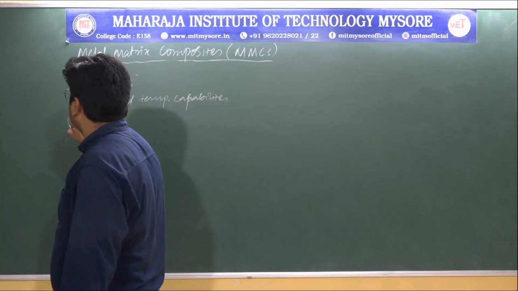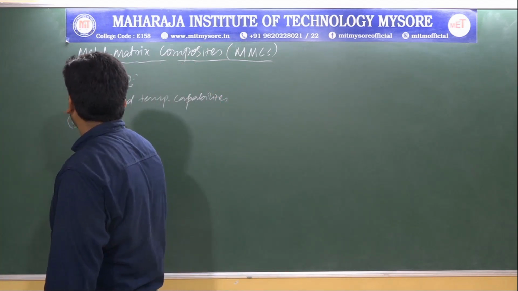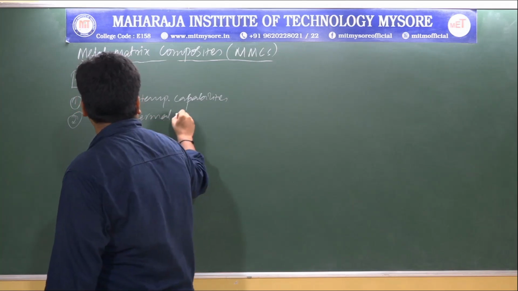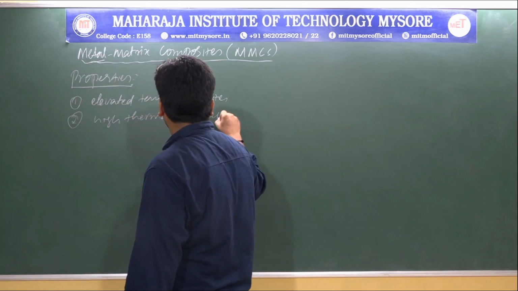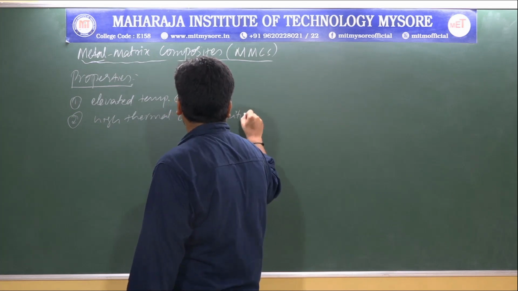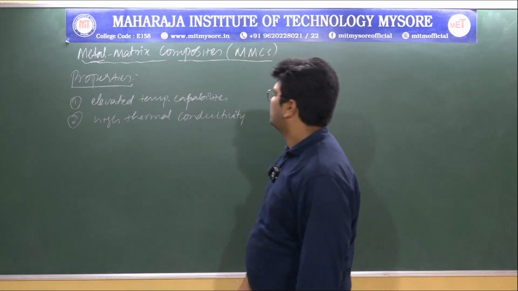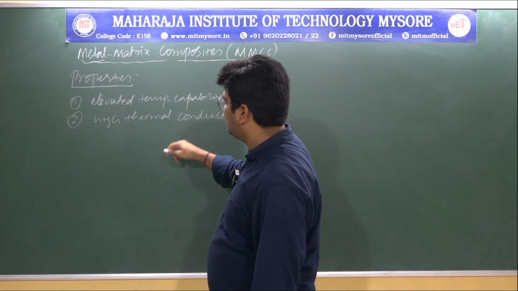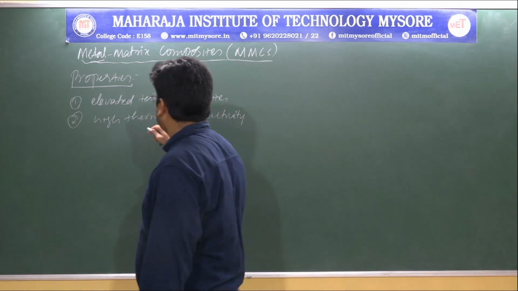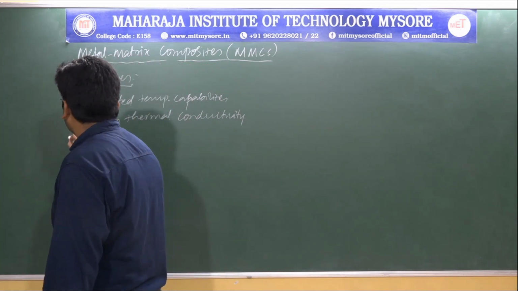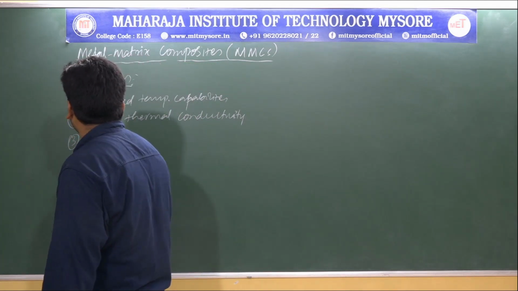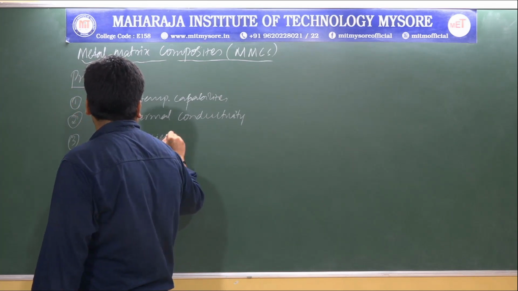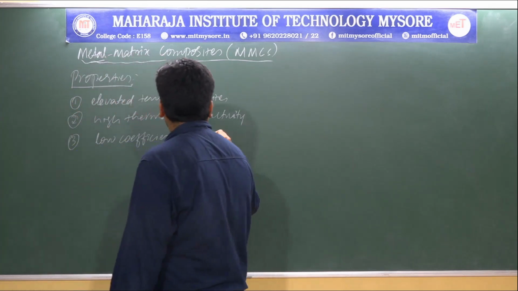They show high thermal conductivity, remember, high thermal conductivity compared to carbon based fibers. Elevated temperature capabilities, high thermal conductivity, and the third one is a low coefficient of thermal expansion.